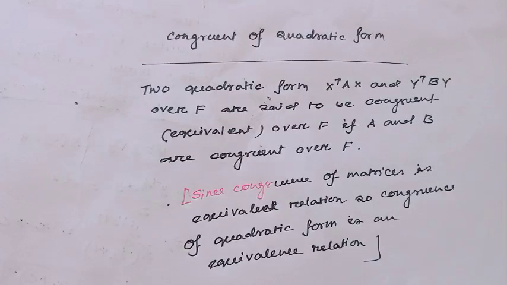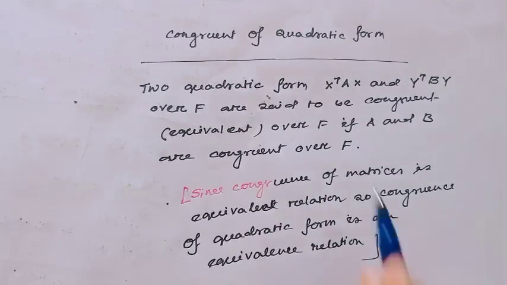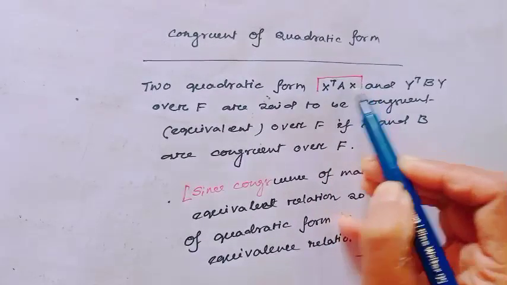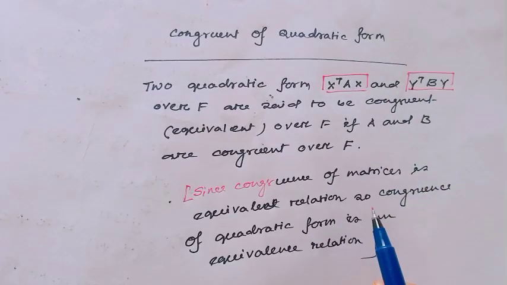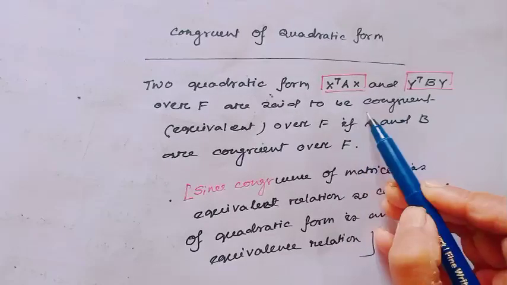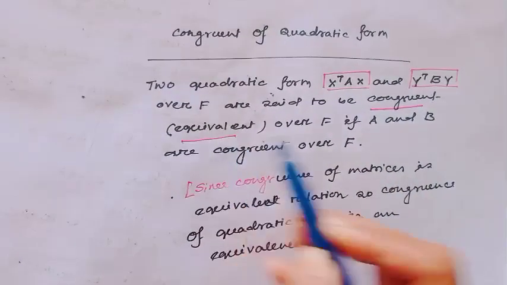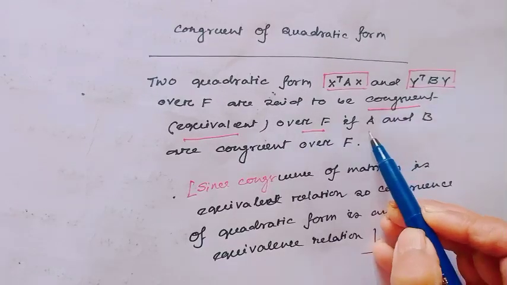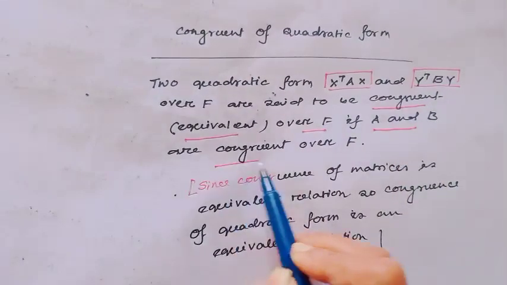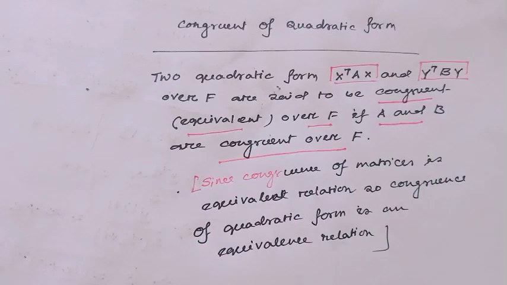What is the congruence of quadratic forms? Two quadratic forms x transpose Ax and y transpose By over the field F are said to be congruent or equivalent over the field F if their associated matrices A and B are congruent over the field F. That means two quadratic forms are congruent if their associated matrices are congruent.